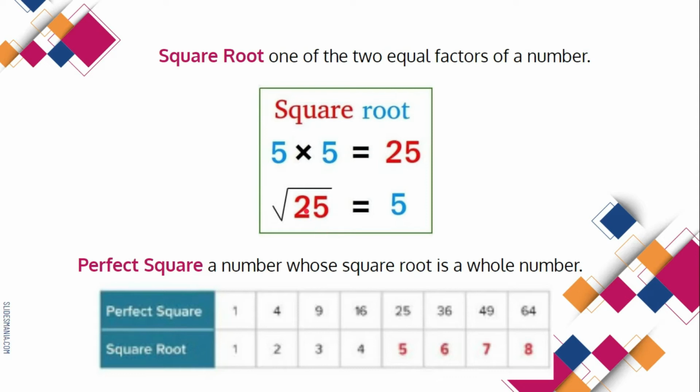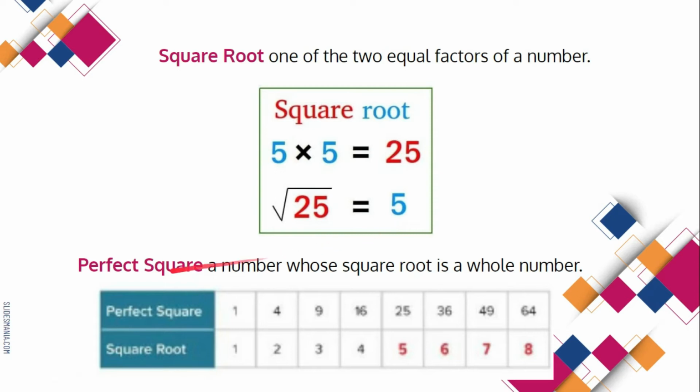As you can see, this 25 is placed underneath the radical symbol. And then because 5 times 5 equals 25, we know that the square root of 25 is 5.